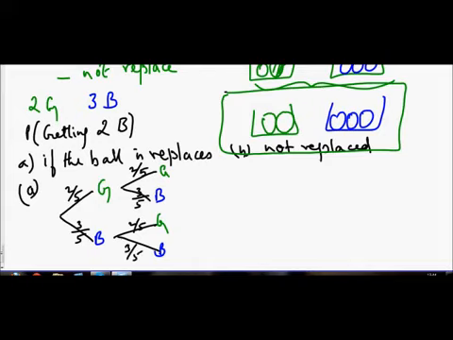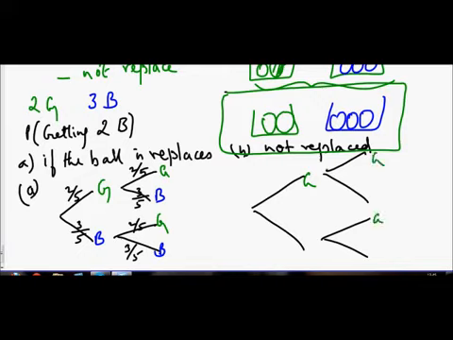Whereas in this case, if you are not replacing them, you have the same branches for the two events, the green balls and the blue balls as the outcomes. Now to write the probability. The probability here would be 2 over 5 and 3 over 5 for the first draw.